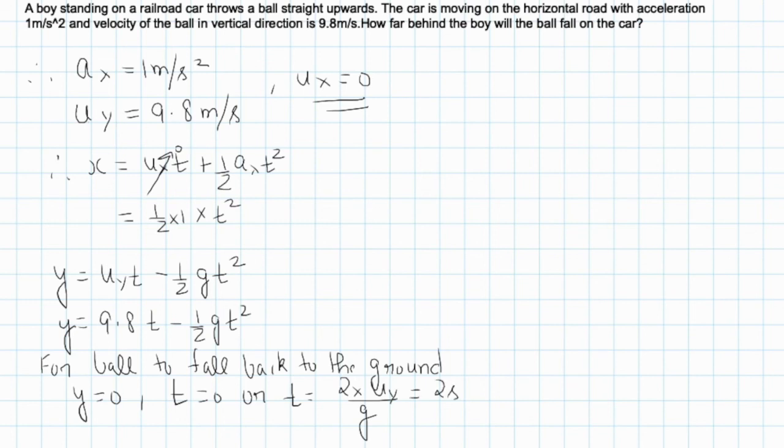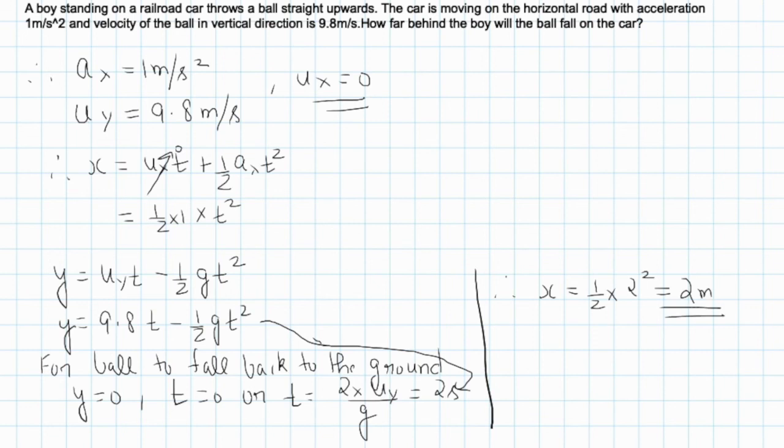From this equation we are getting this. Now since we have got time is equal to 2 seconds, we can find out x is equal to half into 2 square, which will be 2 meters. So this is your answer. How far behind the boy will the ball fall on the car? It is 2 meters. So that's all for this video.